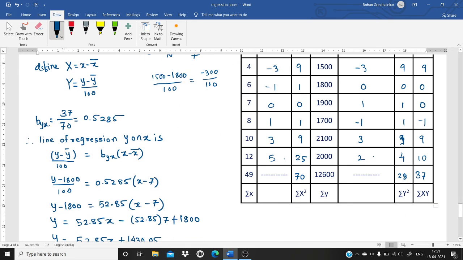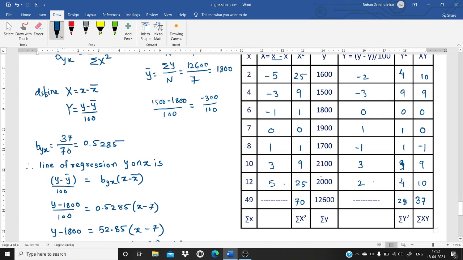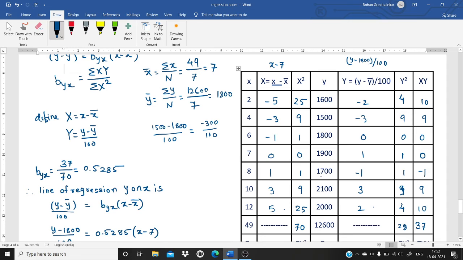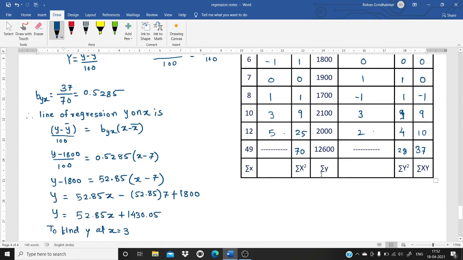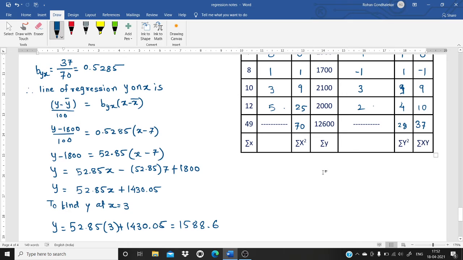Good. Now, here we calculated the value of byx. Is it? Now, if someone asks you what is bxy, how do you calculate it? Yeah, of course, same. Bxy will be summation xy upon summation y square. Already we computed the summation y square. Actually, in this problem, calculating the summation y square is not expected as we required only y on x.